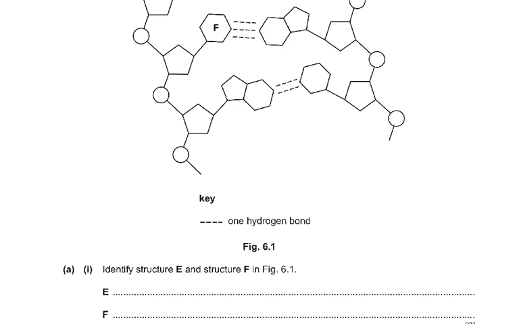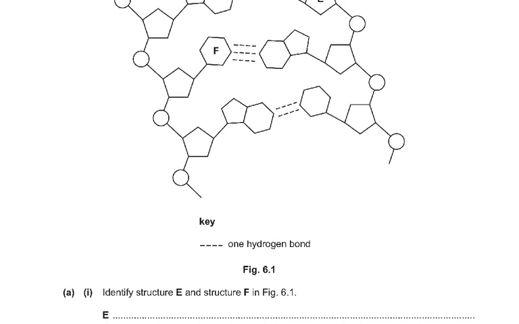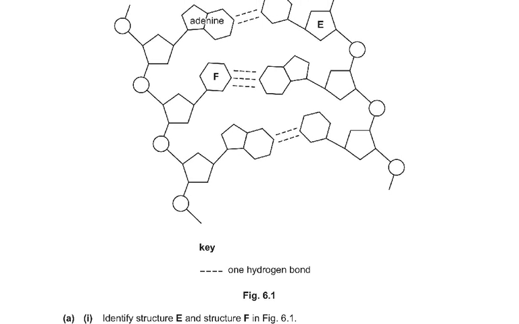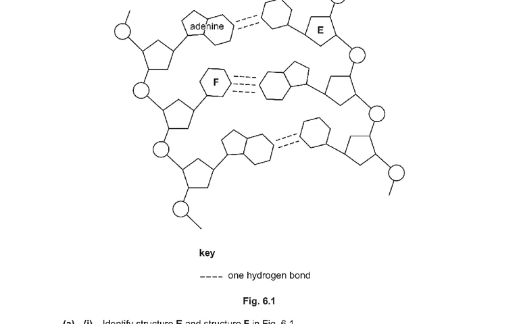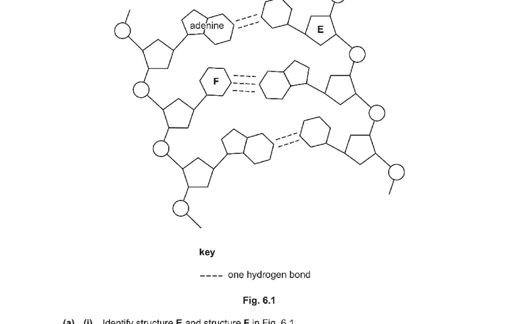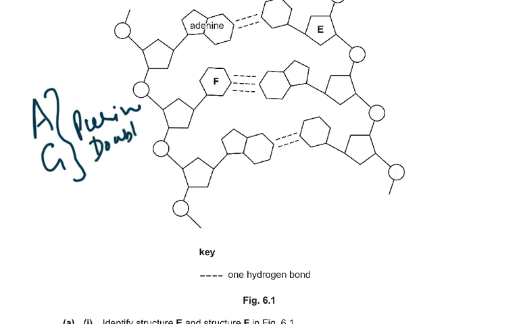So E is deoxyribose, and F, what is F? The thing you've got to understand is F is a single ring. So what is it? It's a pyrimidine. Double rings are purines. You have to remember adenine and guanine are purines, they are double rings.